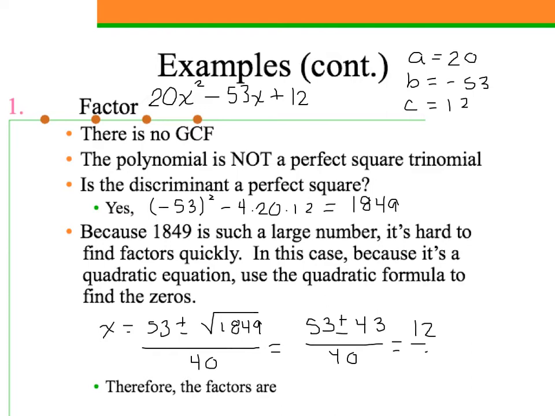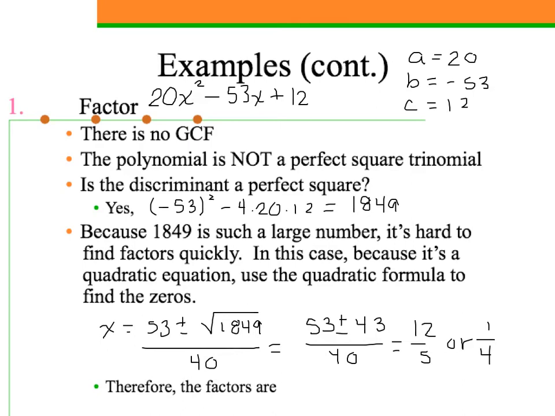Now your calculator gave you a decimal, and of course if you're not good at reducing those fractions, you can just hit your math frac button to get the 12/5. 53 minus 43 is 10, and 10 divided by 40 is 1/4.